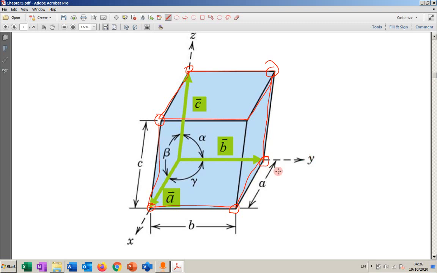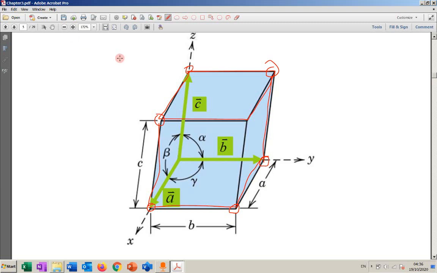Why? Because we have many parameters that represent this lattice, including the dimensions of the system. It might be a cube, or maybe a parallelepiped. We may have other systems that we will explain when time comes: hexagonal, tetragonal, and a lot of others.